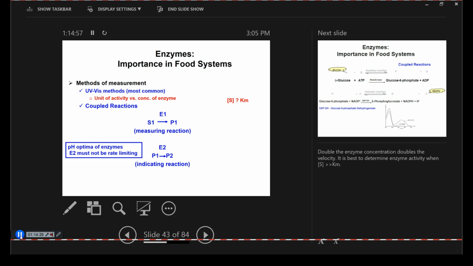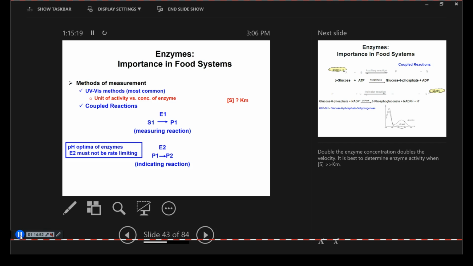There are 2 factors we need when we are working with a coupled reaction or an assay that involves 2 enzymes. We have to be very careful in selecting those 2 enzymes so that they have similar pH optima. Because you don't want to play with the pH. It might be problematic if one enzyme has a pH optimum of 2 and another enzyme has a pH optimum of 7.